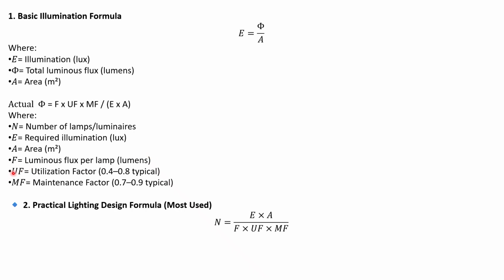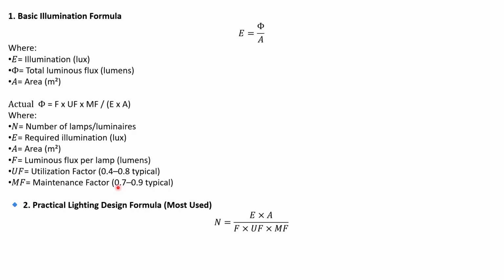Utilization factor UF can be 0.4 to 0.8, typical for mercury, fluorescent and LED lamps. Maintenance factor depends upon cleanliness of the environment.